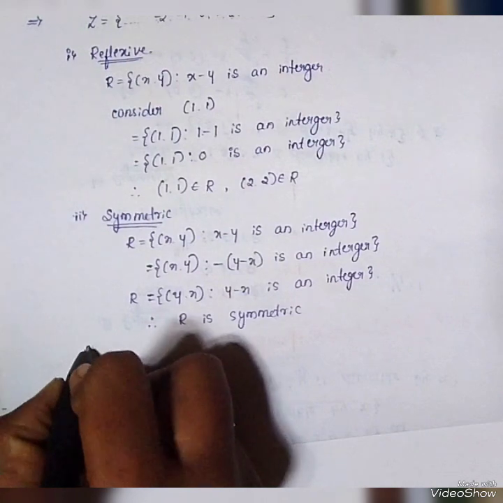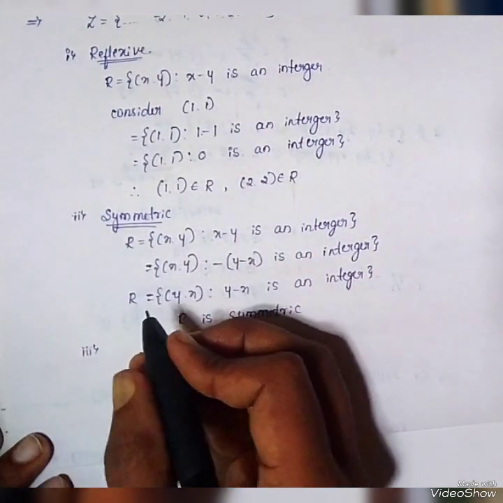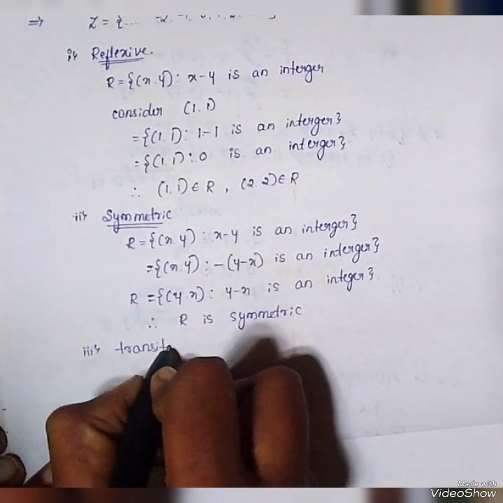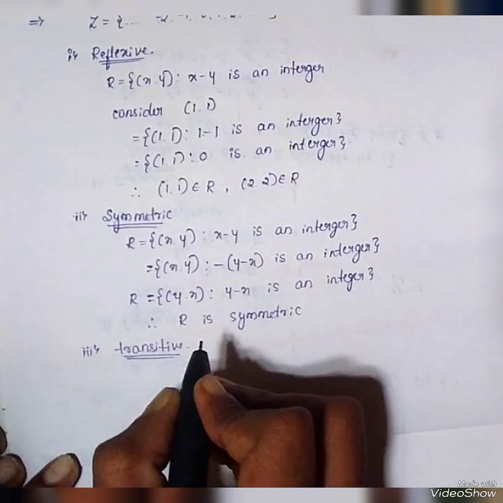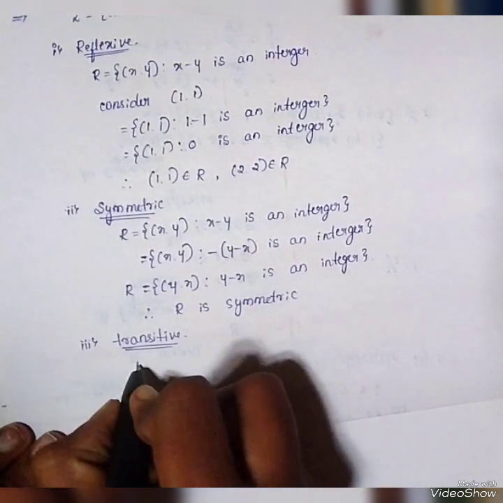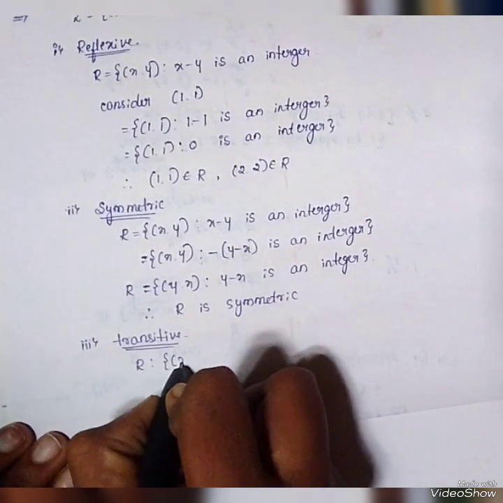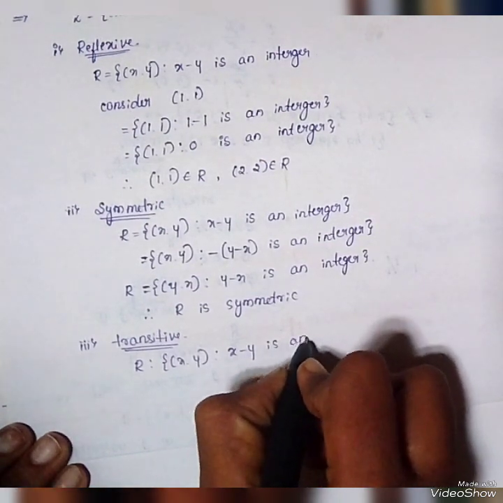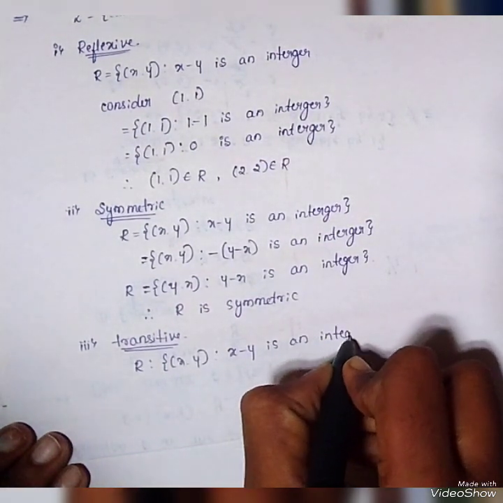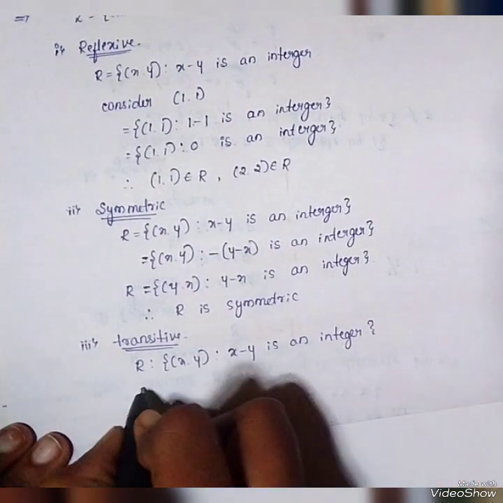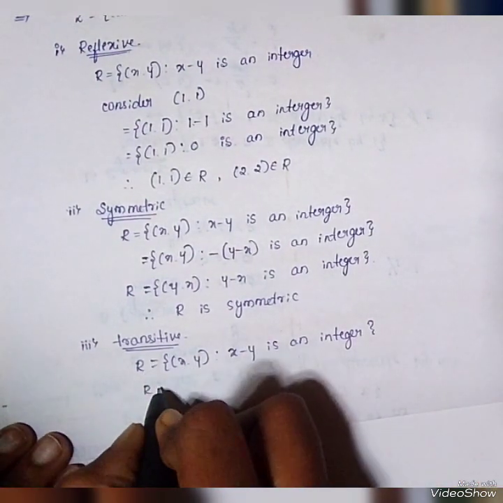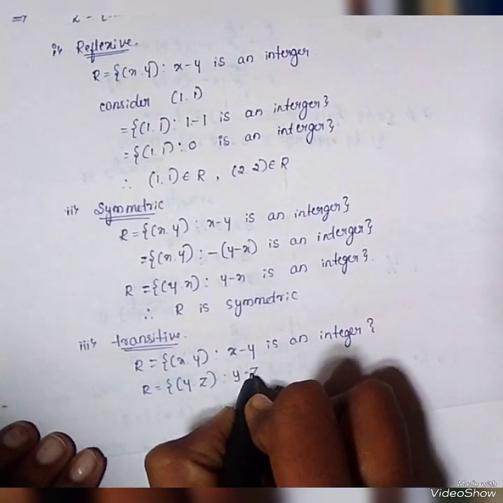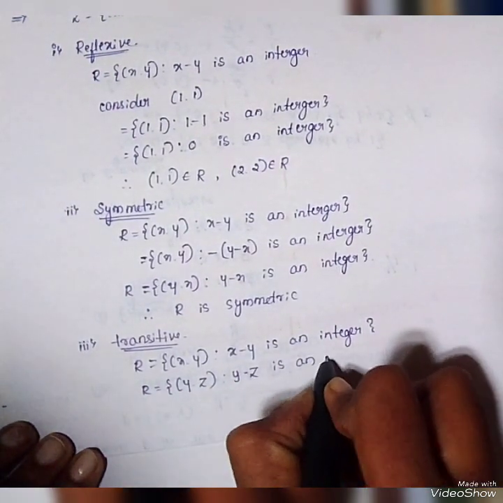Similarly, for checking the third condition, transitive, we have to consider 3 integers. First, x comma y, where x minus y is an integer, and relation R y comma z, which means y minus z is also an integer.